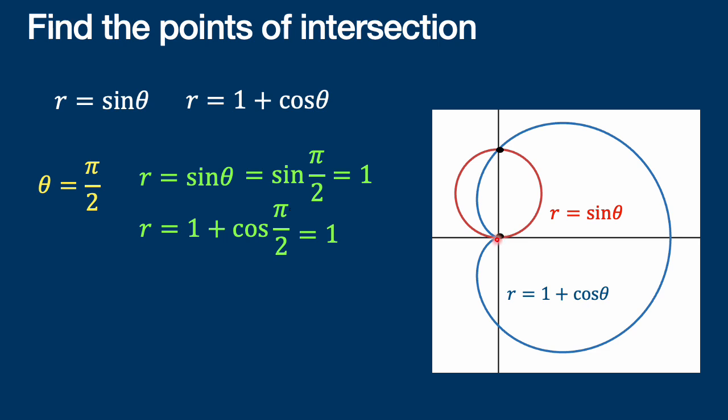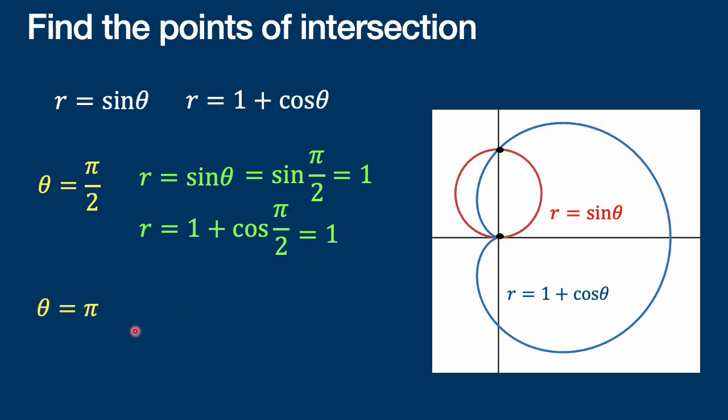The second is the second point here, the origin. You might think theta is 0, but it's not. If theta is 0, sine 0 is 0, so r equals 0. That makes sense. But r equals 1 plus cosine 0, and cosine 0 is 1, so r equals 2. That's the theta equals 0 point. So this one might start here and go all the way here.